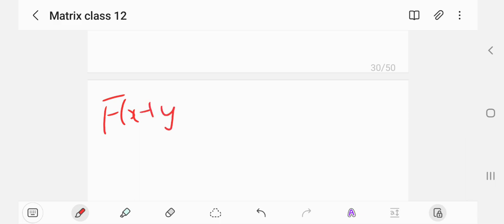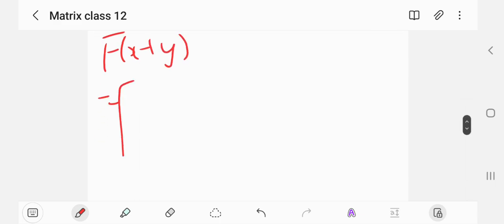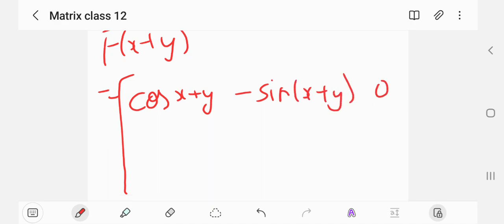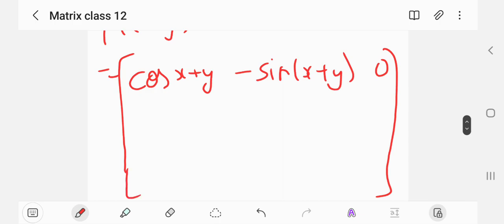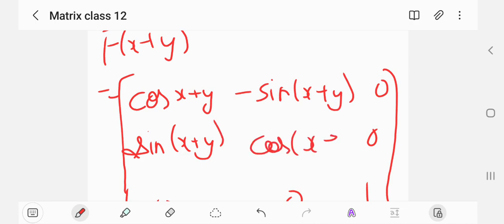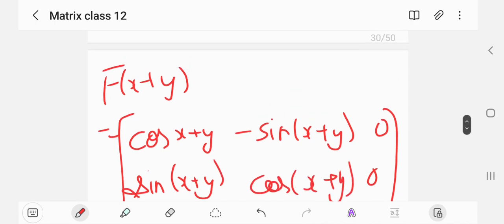F(x plus y), what will I get? I will get cos(x plus y), minus sin(x plus y), 0 here. Again these entries will remain the same, these remain 0 1 0 0. Here I get sin(x plus y), here cos(x plus y). Now this is my f(x plus y).